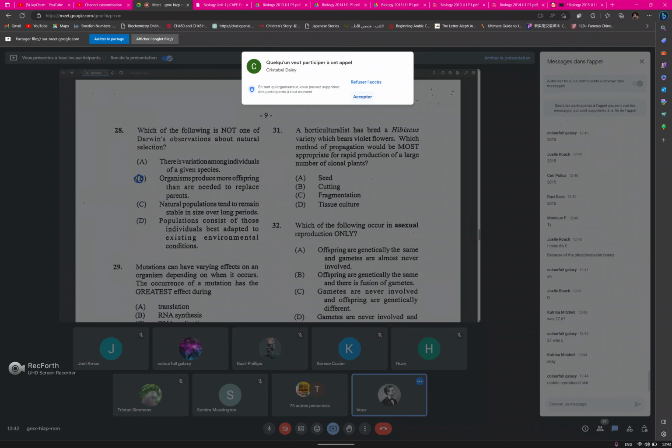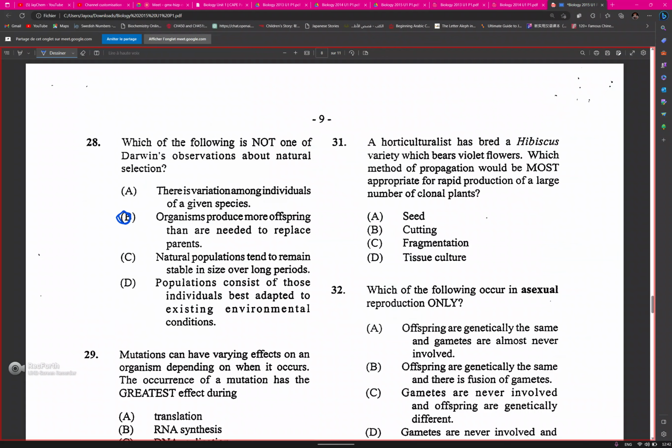Come on, man. What is natural selection? A process in which organisms that are best adapted to their environment survive, while those less adapted will not. Okay, simplified but truthful.